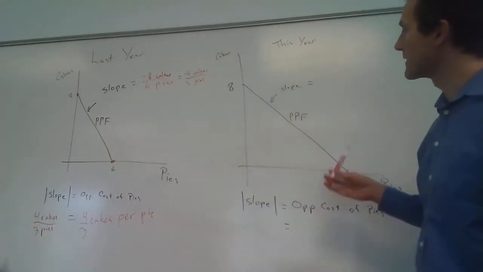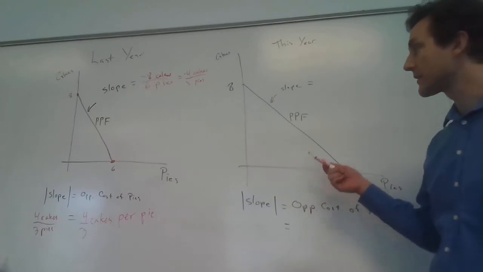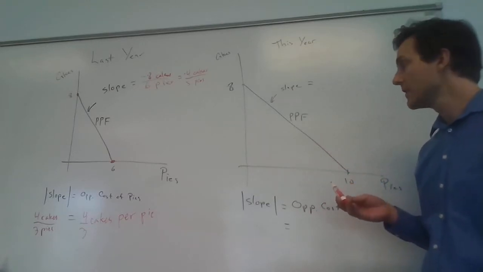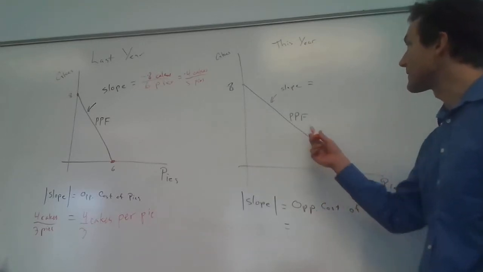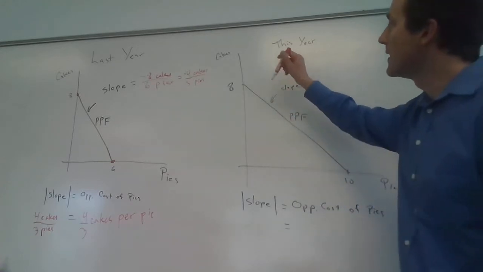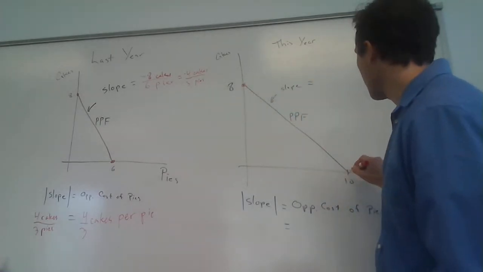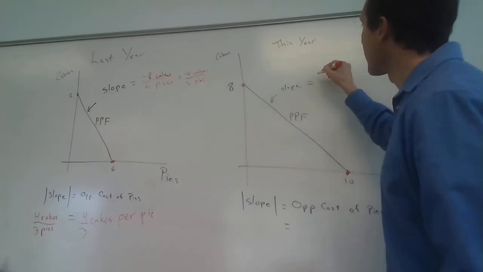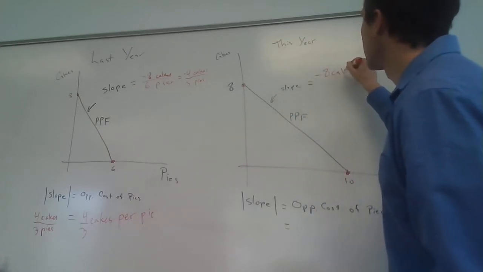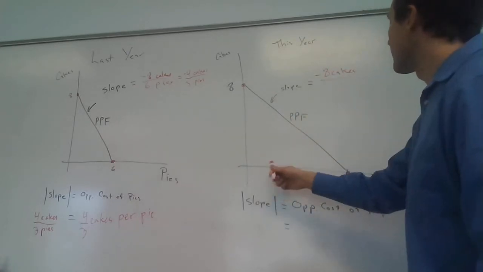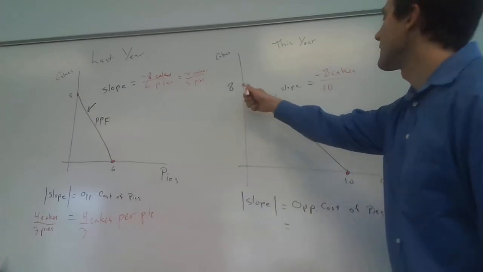Okay, and this year is going to have a different opportunity cost because he has a different production possibility frontier. So now his production possibility frontier has a slope, again, going from one intercept to the other. Well, he's going to be losing 8 cakes, so negative 8 cakes, and he gains 10 pies, going from this intercept to that intercept.